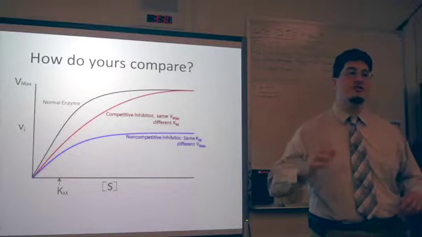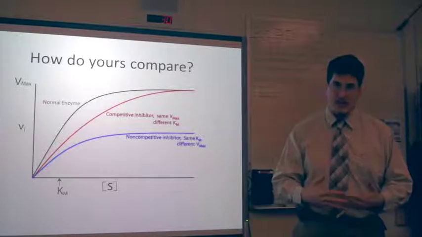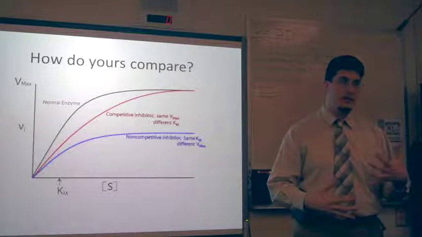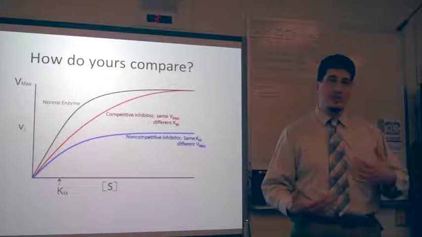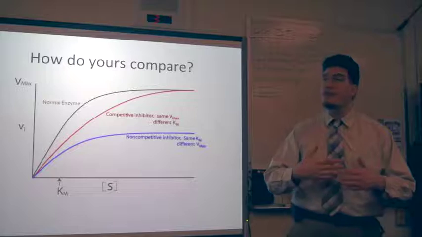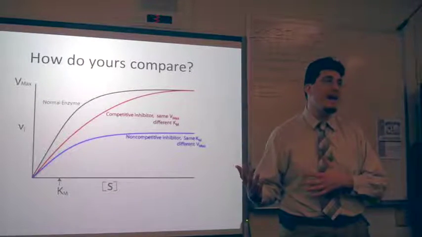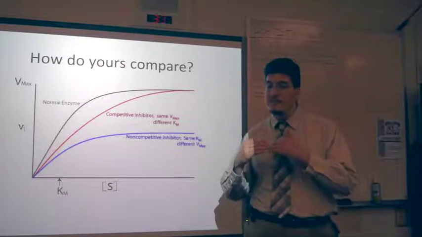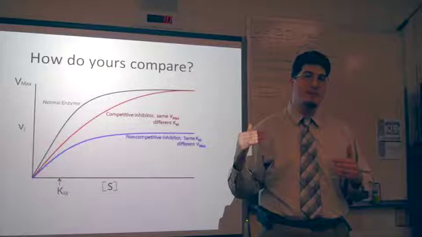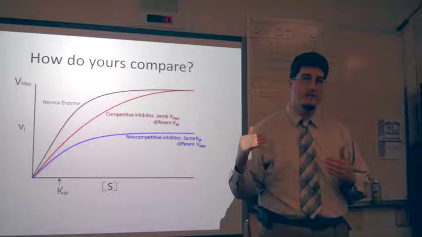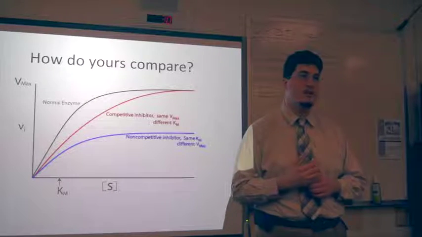If they told you to describe and explain a graph, your explanation would be the allosteric inhibitor is affecting the shape of the active site of the enzyme, changing the affinity of the enzyme, therefore changing the Km value. And it is preventing the reaction from proceeding, therefore lowering the maximal velocity of enzyme activity. So both Km and Vmax are affected in an allosteric inhibitor.